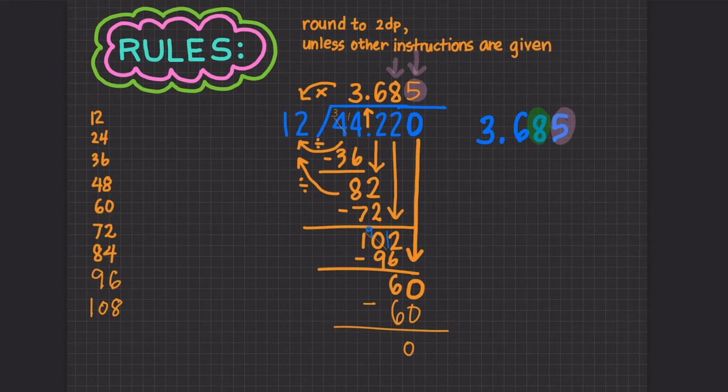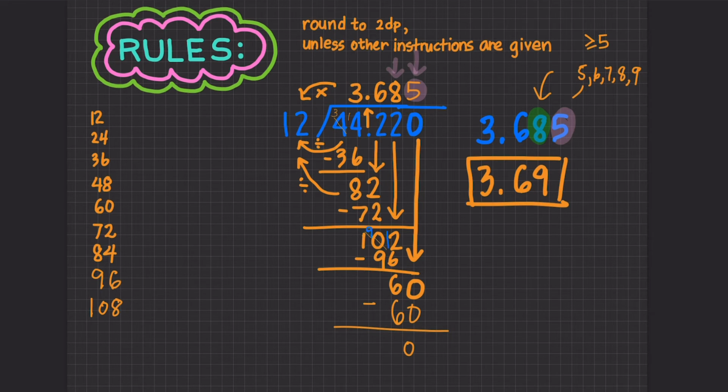If the next digit is 5, 6, 7, 8, or 9, in other words, greater than or equal to 5, that means this is rounded up. So the final answer will be 3 and 69 hundredths, rounding to 2 decimal places.